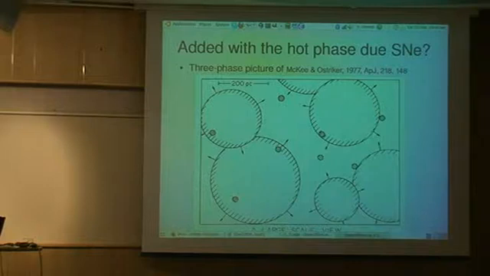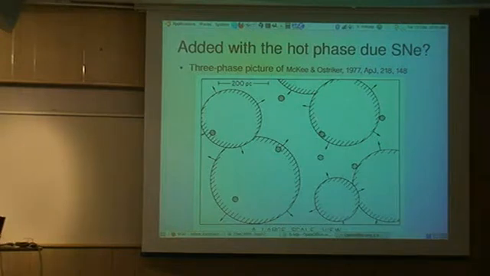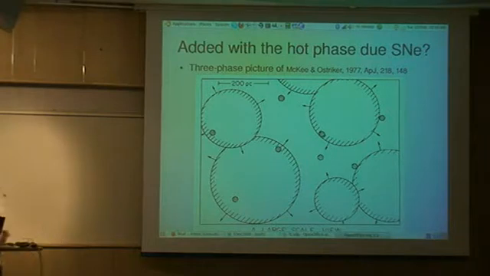In this sense, this picture is kind of outdated, and you could think of maybe one or two large bubbles like these, and the rest would be free from supernova activity. Then it still makes some sense to apply this FGH picture to the places where supernova activity is not dominating.